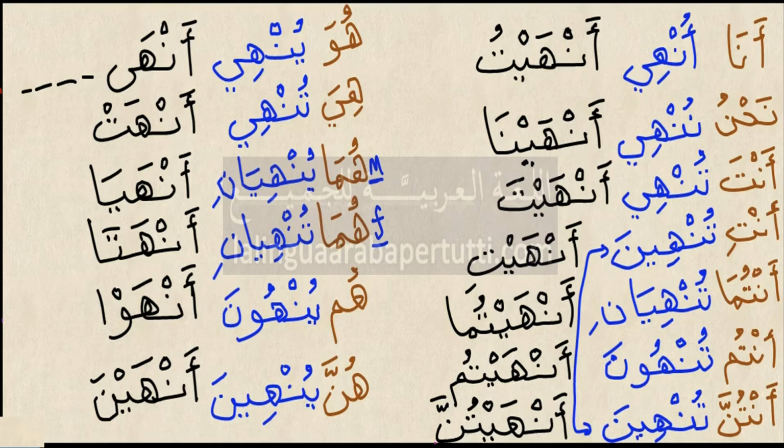طيب, now we finished the verb أنهى, to finish, but actually this is the verb to finish number 1. We will talk now about the verb to finish number 2.